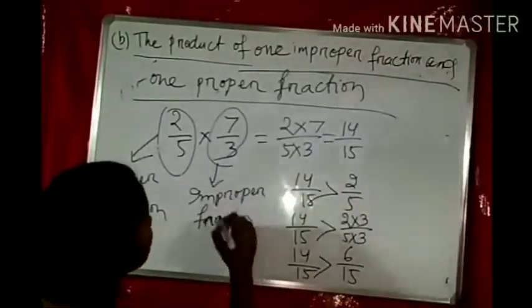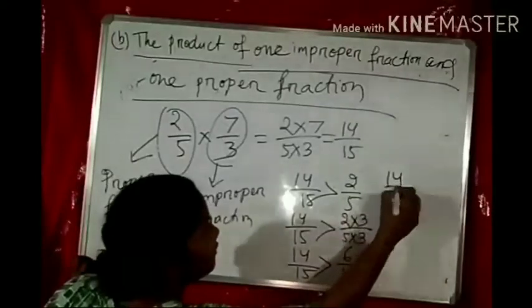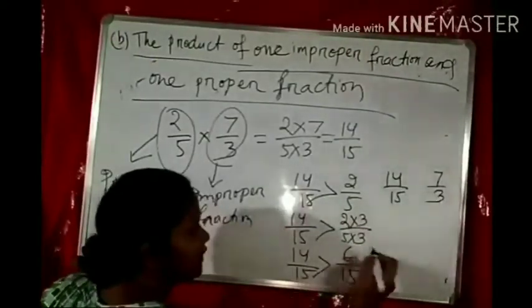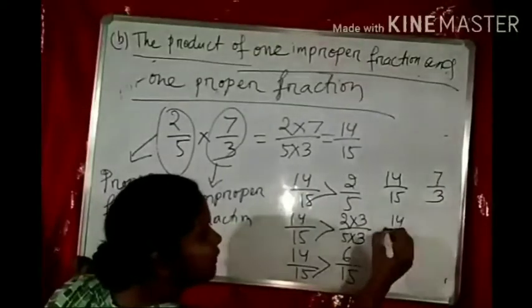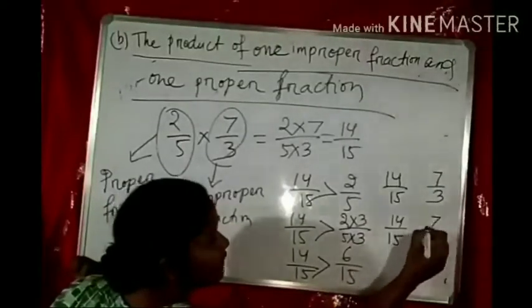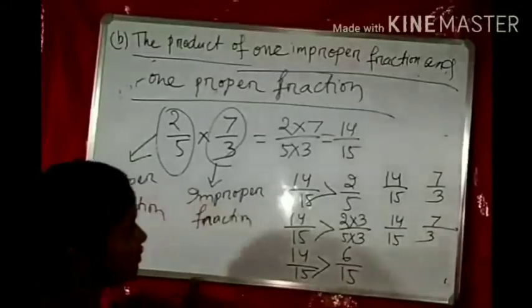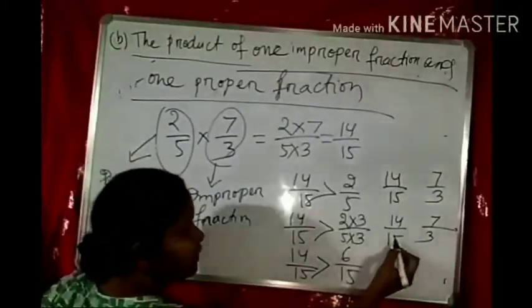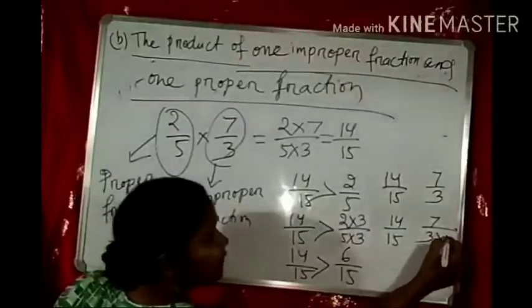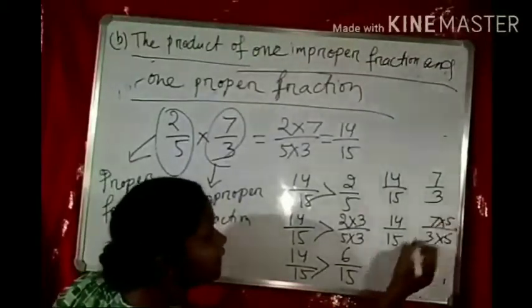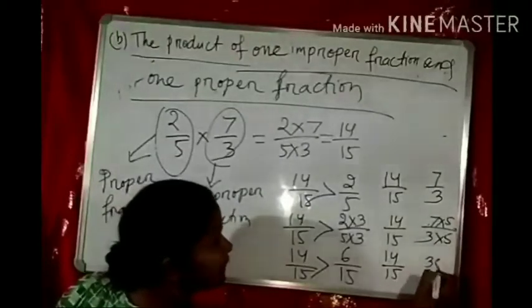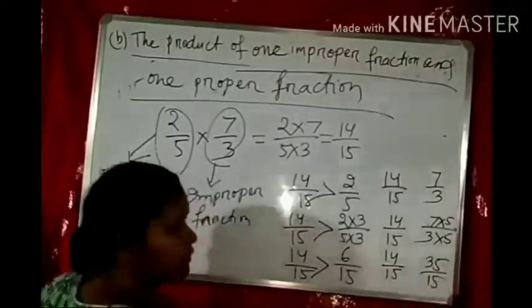Next we will see the improper fraction. 14 by 15, next 7 by 3. So we'll see 15 and 3. The LCM is 15. So 3 fives are 15, 7 into 5. So 14 by 15, 7 fives are 35, 3 fives are 15.